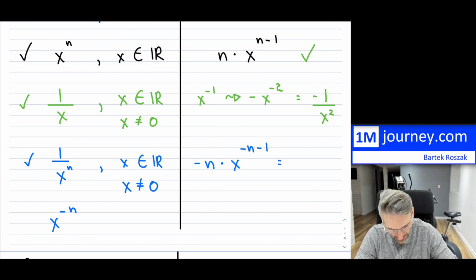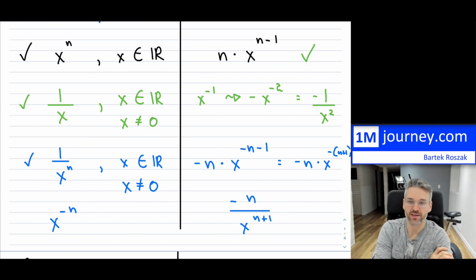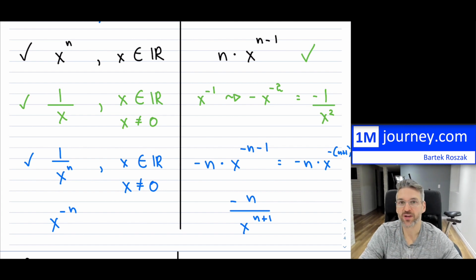You can simplify this a little bit further: negative n times x to the negative (n plus 1). And if you rewrite it in fractional form, this is going to be negative n all over x to the n plus 1. And that becomes your derivative. Again, be careful at 0, because this function is not defined there. So that's what you would have for this one.